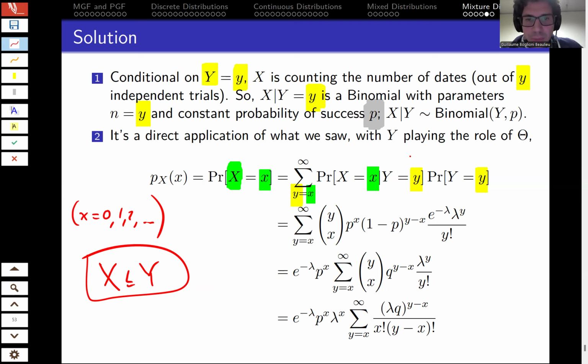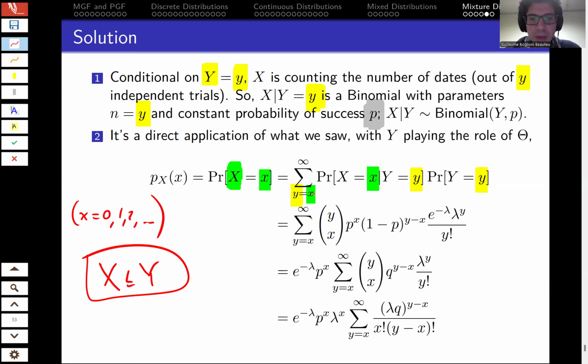Well, what's the probability that x equals x given y equals x plus 1? Okay, if y equals y, well, this is 0. She cannot get more dates than likes.